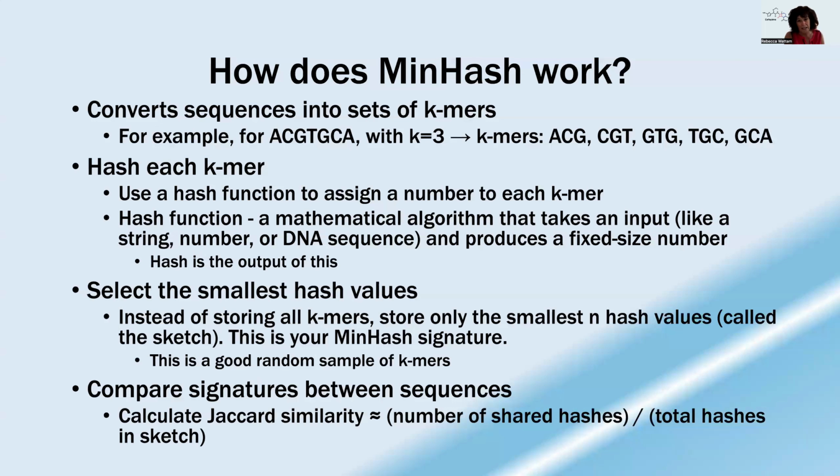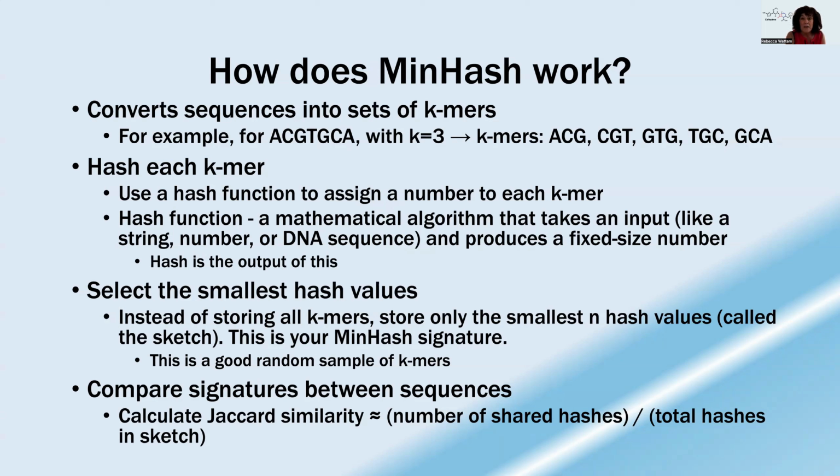Let's start with min-hash. Min-hash is the workhorse of the thing, and it's converting sequences into sets of k-mers. I have an example here of sequences, and let's say you want the k, which is a number. It can be 25, or in this case, it can be 3.